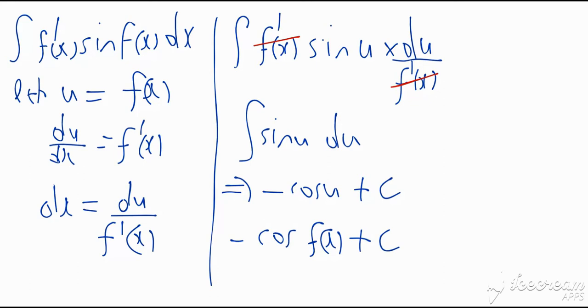Let us put this inside of a question. So if I had the integral of x sine x squared dx, we know that the function that you're assigning here is x squared.